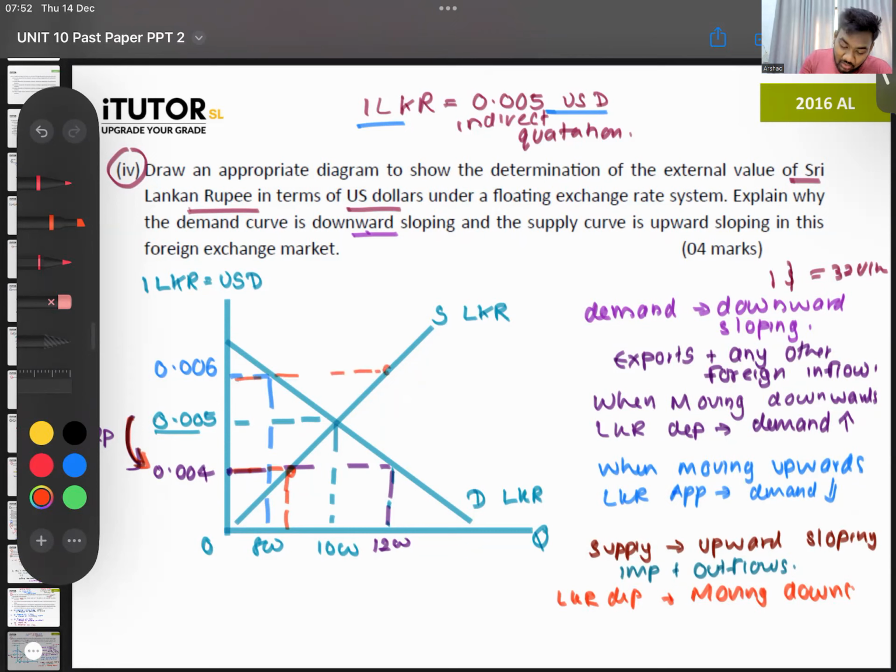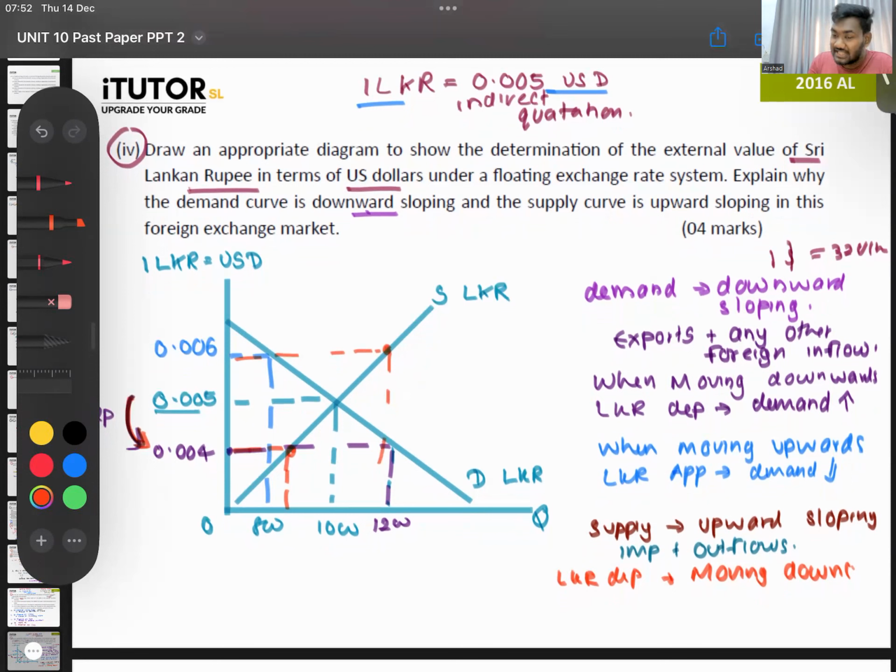So therefore the supply of rupees is at a high level. That's what you have to write. When the rupee depreciates, moving downwards, it is expensive to import. Given that, the supply is less.